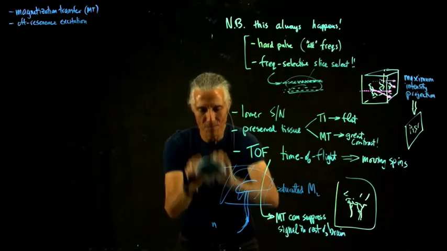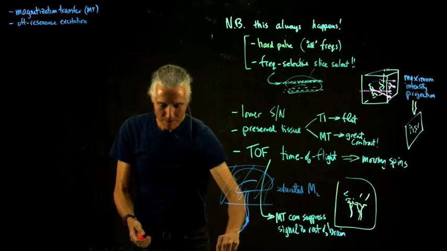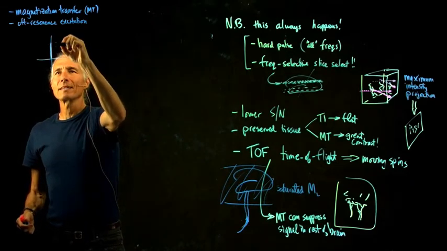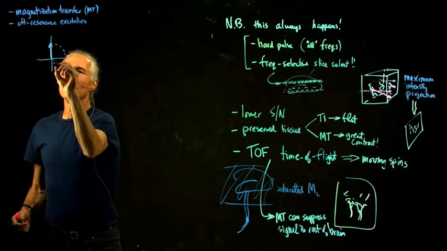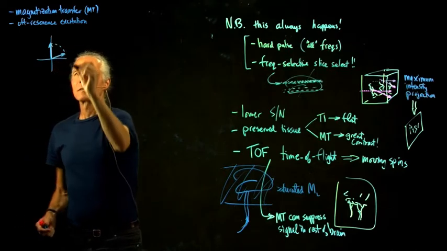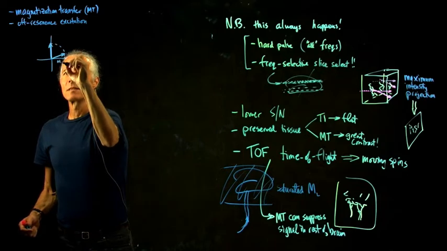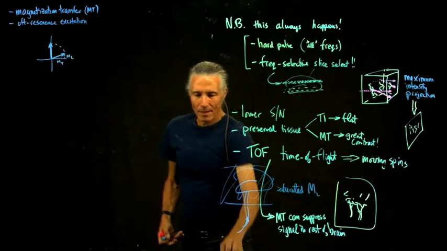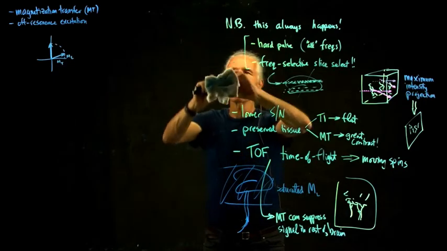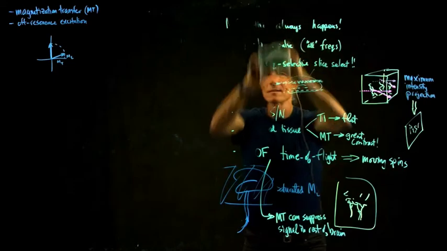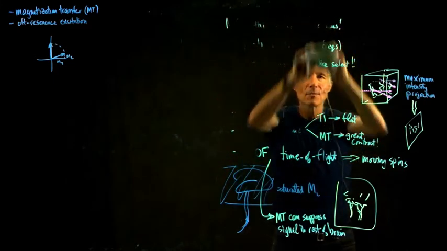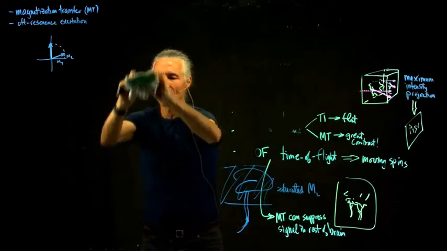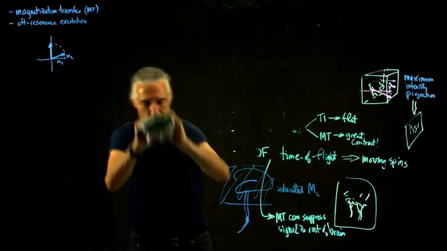Whenever we talk about having some magnetization here, and we flip it down to that point, and then we calculate how much transverse and how much longitudinal we have, we're already in the rotating coordinate system, because that vector is not rotating, it's just stationary.